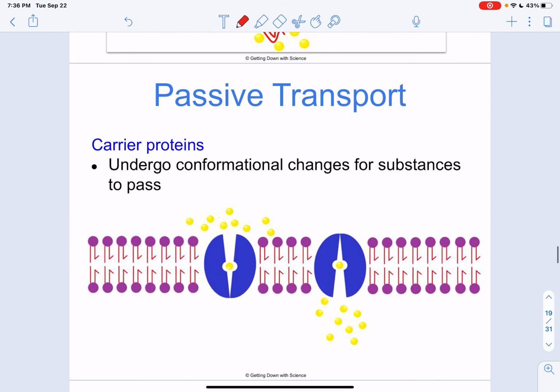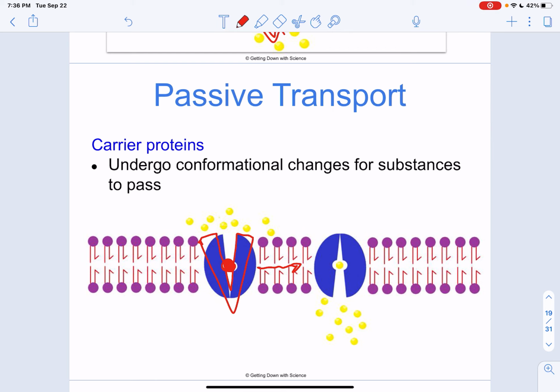And then we'll have carrier proteins. A carrier protein will undergo changes for substances to pass. We'll have this open structure right here, this Pac-Man shape. An ion is going to fit into a special place inside this Pac-Man's mouth, and we'll see a change in the shape.